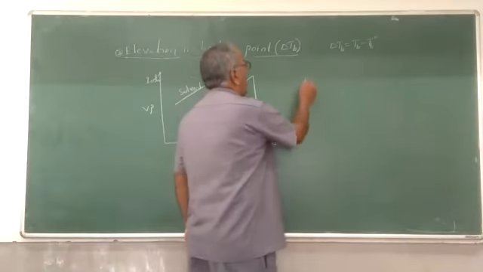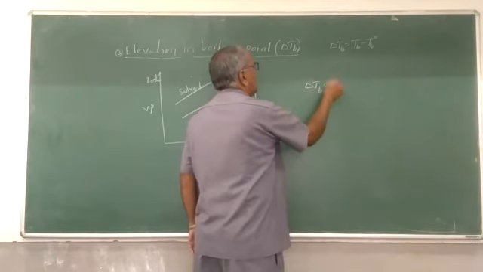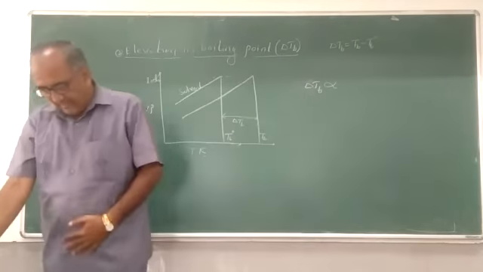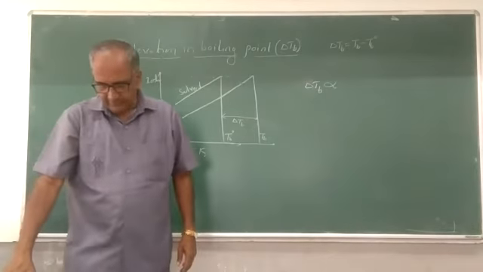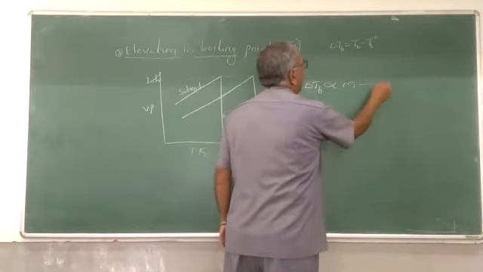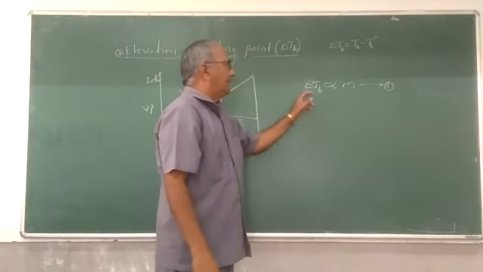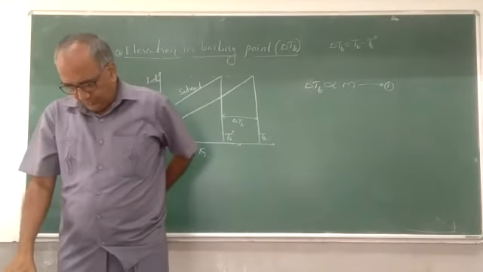So according to the definition of the elevation in boiling point, the elevation in boiling point of a solution is directly proportional to the molar concentration of the solute in the solution. That is denoted as equation 1. Delta TB is directly proportional to the molality of the solution.